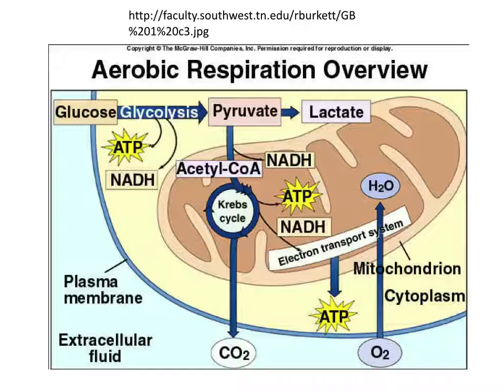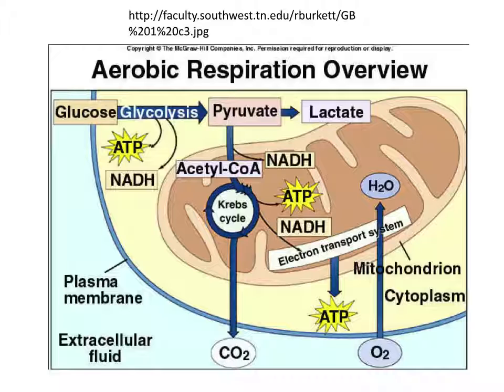And you have pyruvate going to acetyl-CoA into the Krebs cycle, producing more ATP, and then the electron transport system producing even more ATP. And then out of the Krebs cycle, the CO2 comes out. So you won't have to memorize this. You would have to know this in detail in a biochemistry class or physiology class. But just know that oxidative aerobic respiration is made possible because there's oxygen in the atmosphere that was put there by photosynthetic organisms.